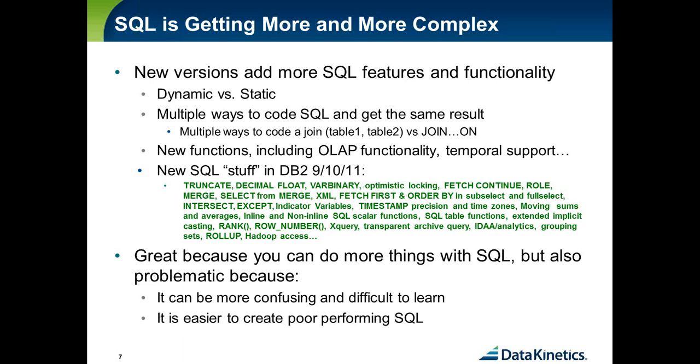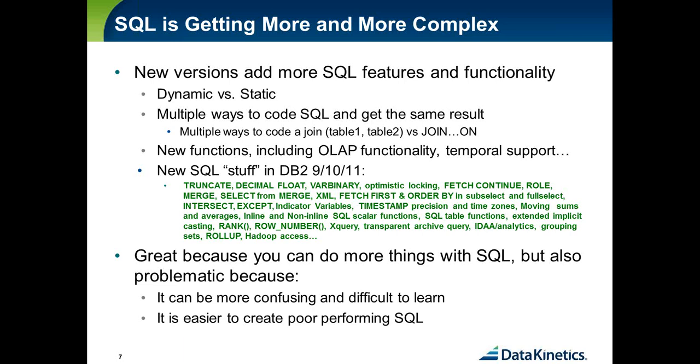What I'm trying to get at here is that the SQL language inside of DB2 is adding more and more functionality and more things that you have the potential of being able to code, which makes it more difficult to understand, more difficult to debug, sometimes more difficult to code. There's the dynamic versus static that I said we'll get to in a minute, but there's also, even early on in DB2, there were multiple ways to code SQL and get the same result.